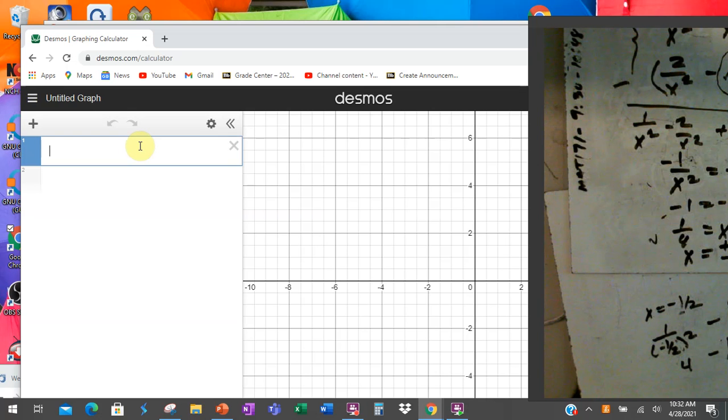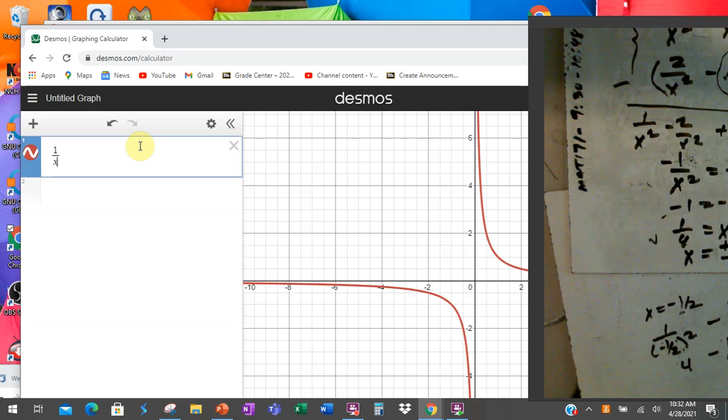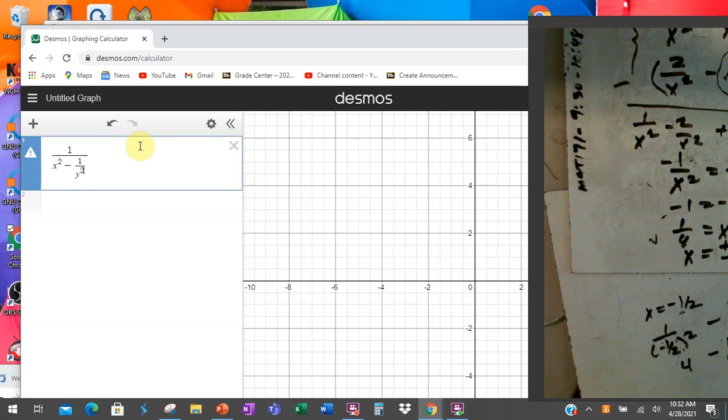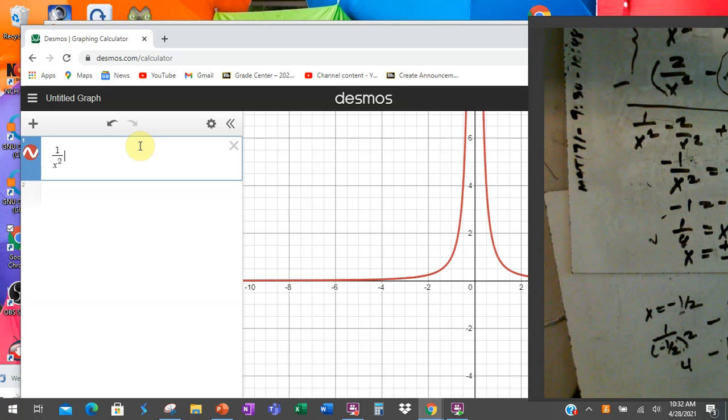So 1 over x squared minus 1 over y squared, and that is equal to 1.